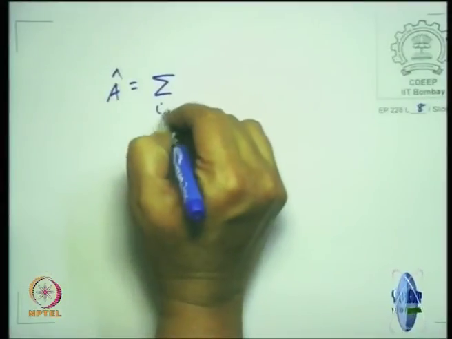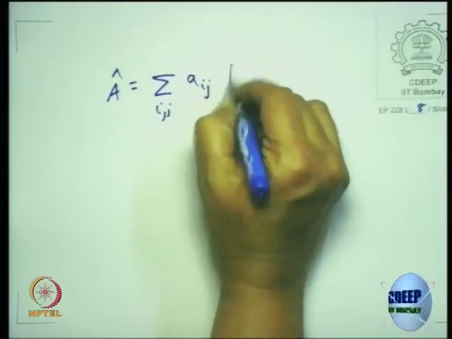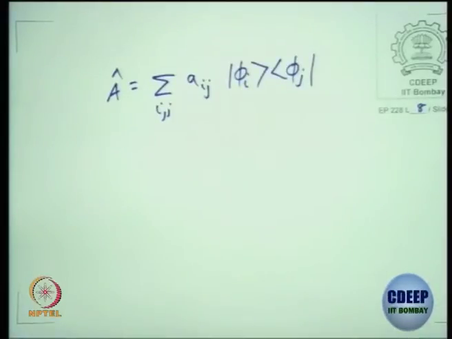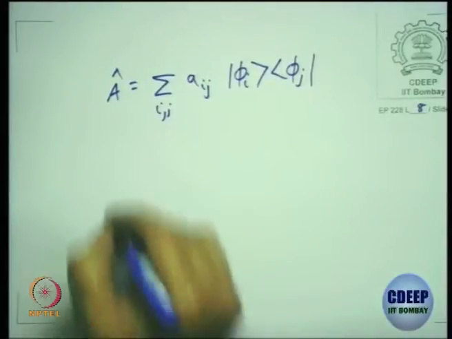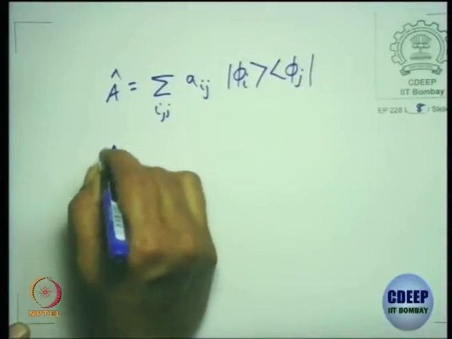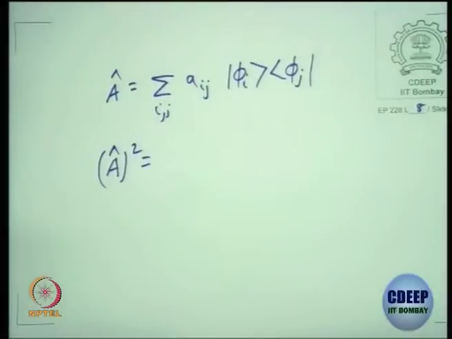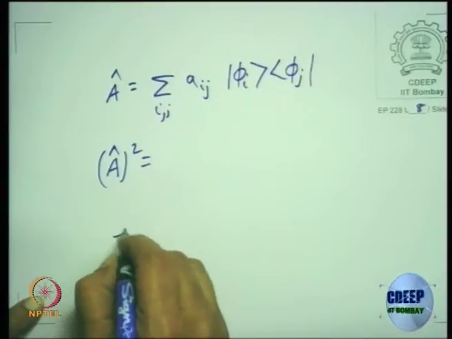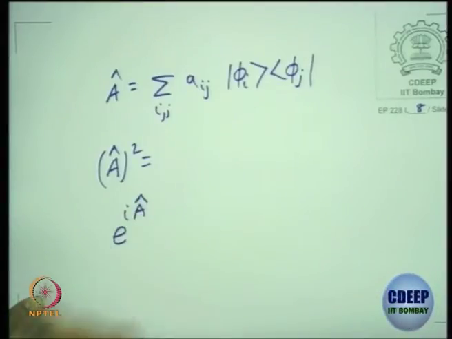Suppose I write an operator A as summation over i, j of a_ij |phi_i><phi_j|. What happens to functions of operators? That's one question, and then you can extrapolate it to the exponential of i times the operator A.